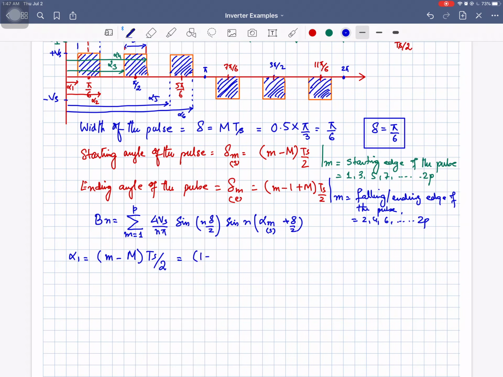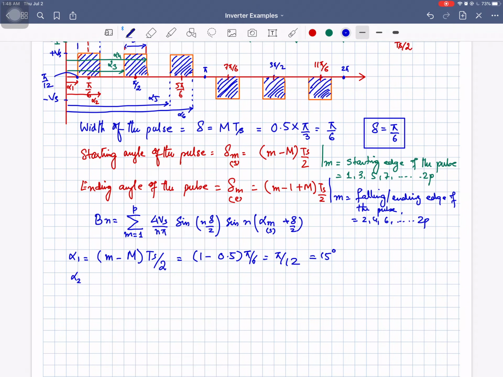So it will be equal to 1 minus 0.5 into pi by 6. So this comes out to be pi by 12. So this angle will be pi by 12. Okay, so in terms of degrees, it is equal to 15 degree.